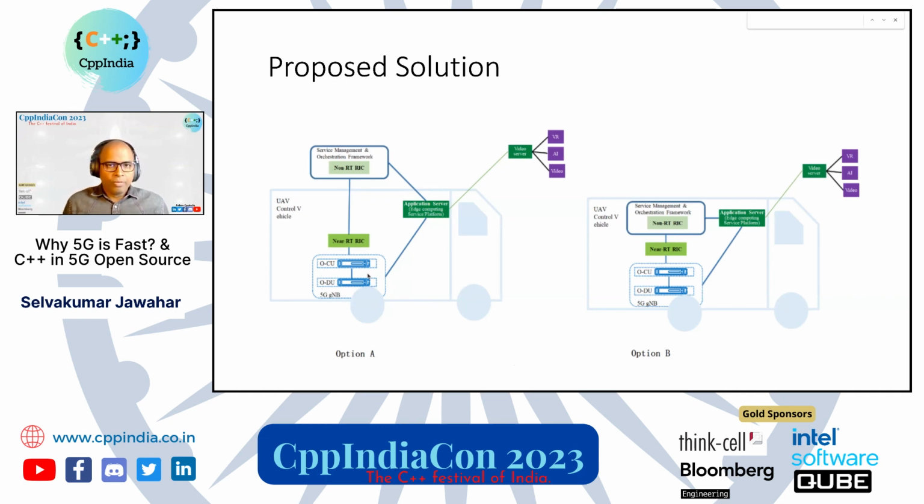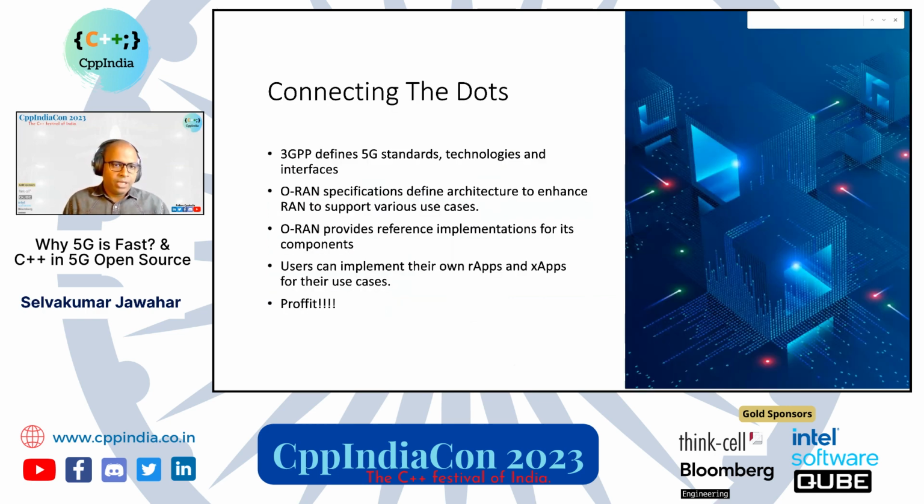All right. So sorry, I have to rush through them. So, connecting the dots. 3GPP and 5G and ORAN, they kind of complement each other. You can write your own RAPs and XApps, and I would encourage people to go and look at it, go to the references, look at the code.